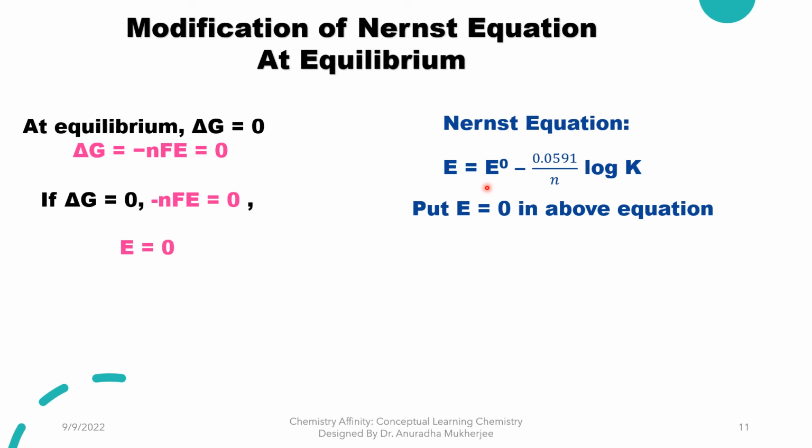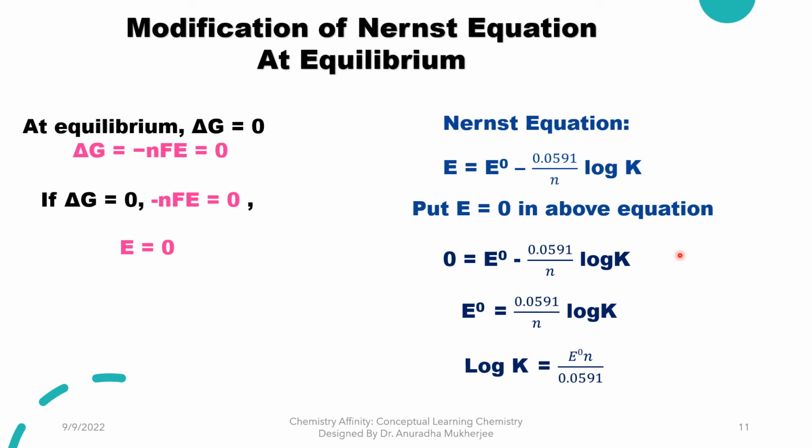In this Nernst equation, we can put E equal to 0 because at equilibrium delta G equal to 0. If we rearrange the equation, the Nernst equation at equilibrium gives log K equal to E0 into N divided by 0.0591.